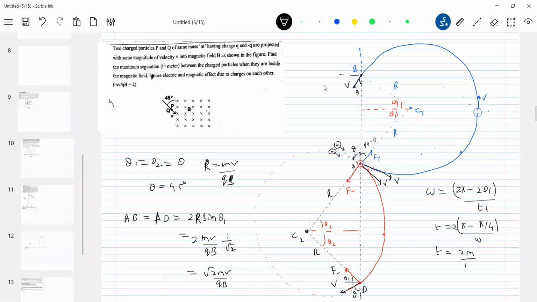So 2m by Bq times 3 pi by 4, which gives 3 pi m by 2Bq. This is the time spent by the positive charge particle in the magnetic field. Similarly, for the negative charge particle, it will have only an angular displacement of 2 theta 2.